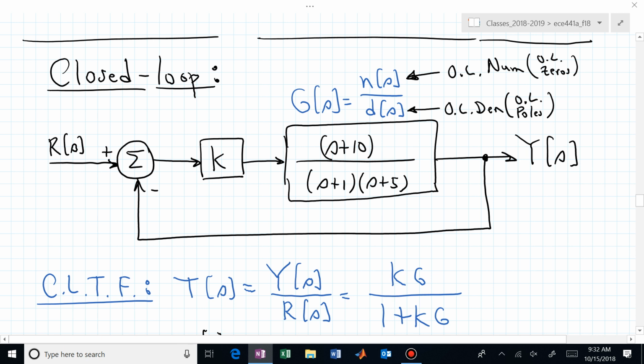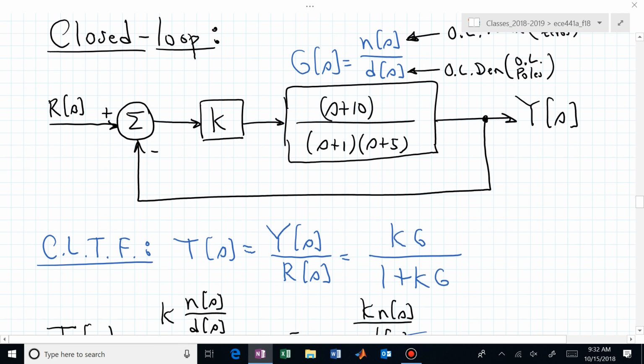That's the whole point. We want to now adjust K to give us a good response relative to maybe meeting specifications. Those specifications could be performance, transient, and they could be accuracy.